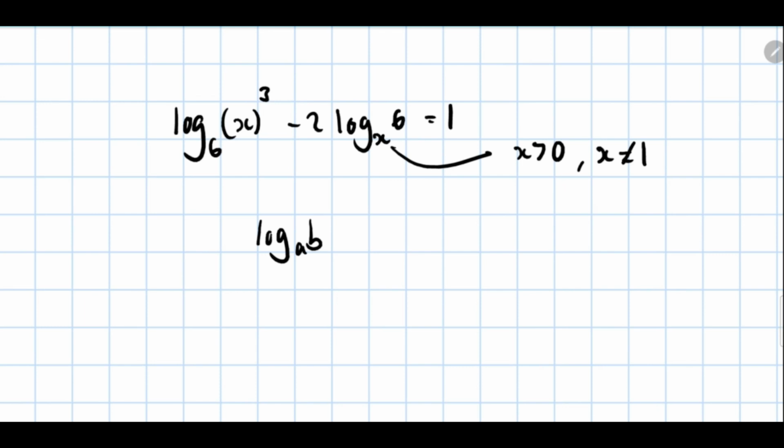To change the base, it simply will be log of b base c over log of a base c. So the base of the log will be in the denominator, and then c is the base which you want to convert it to.